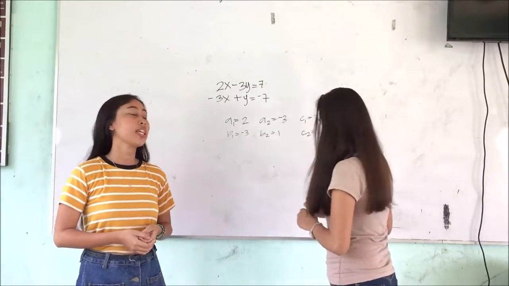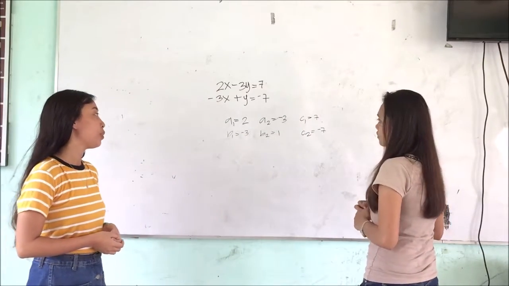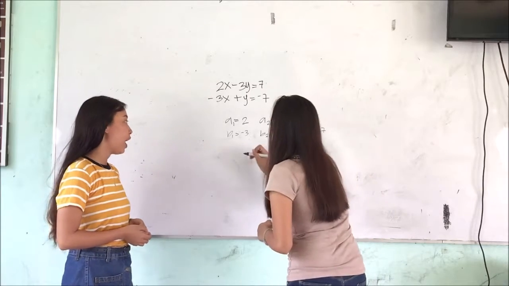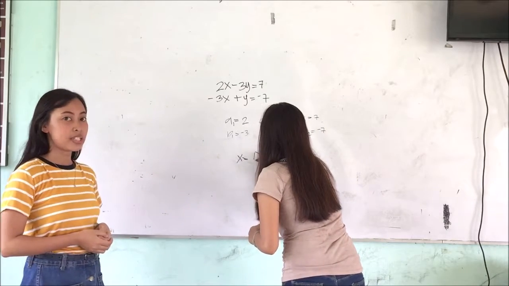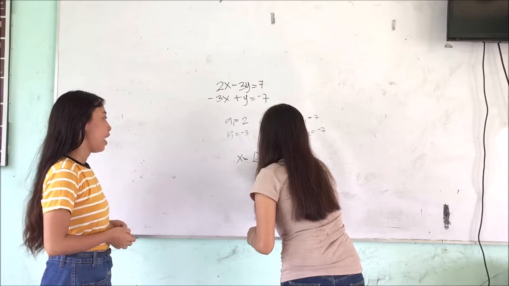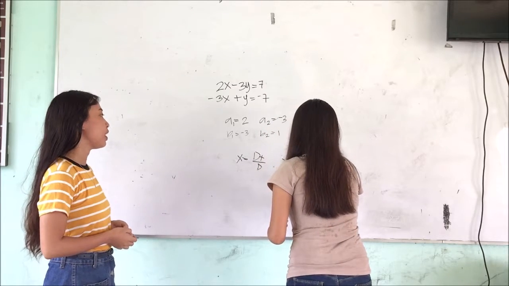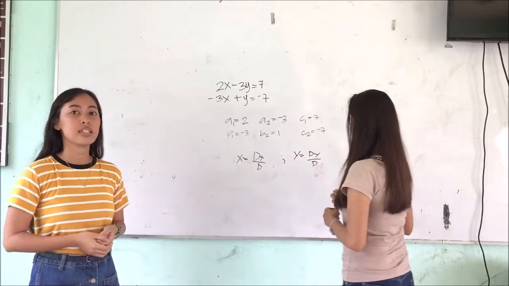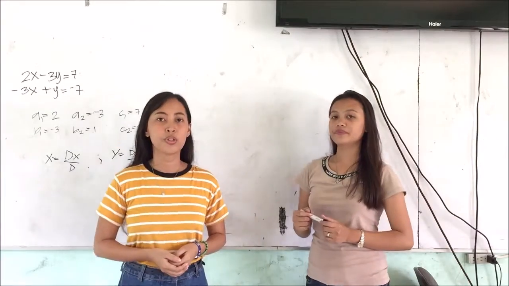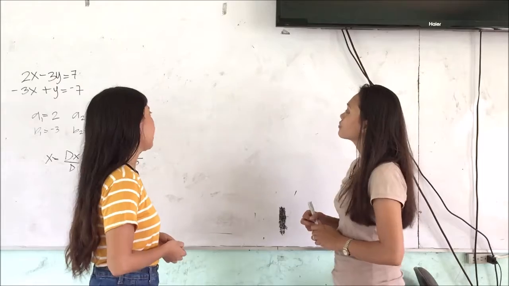In order to calculate x and y, we will use the formulas x equals dx over d and y equals dy over d, wherein d is the determinant. Let's calculate d first.